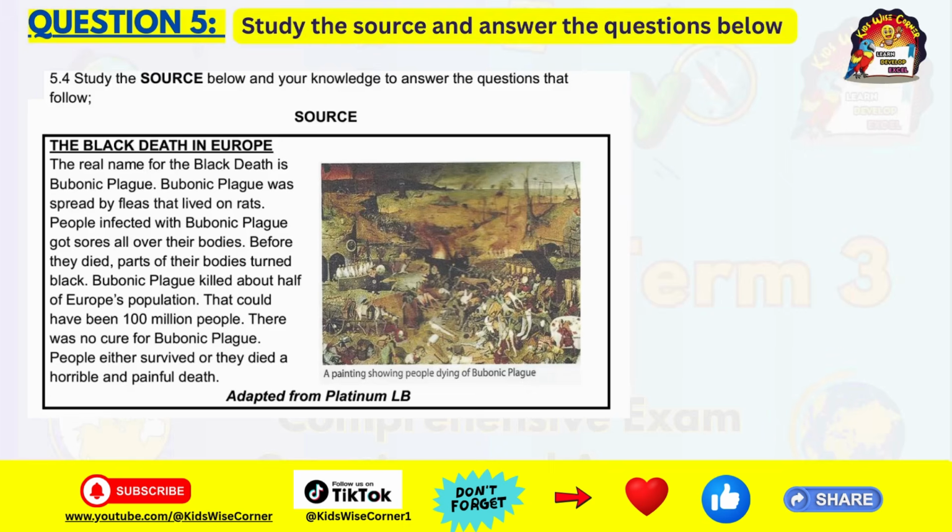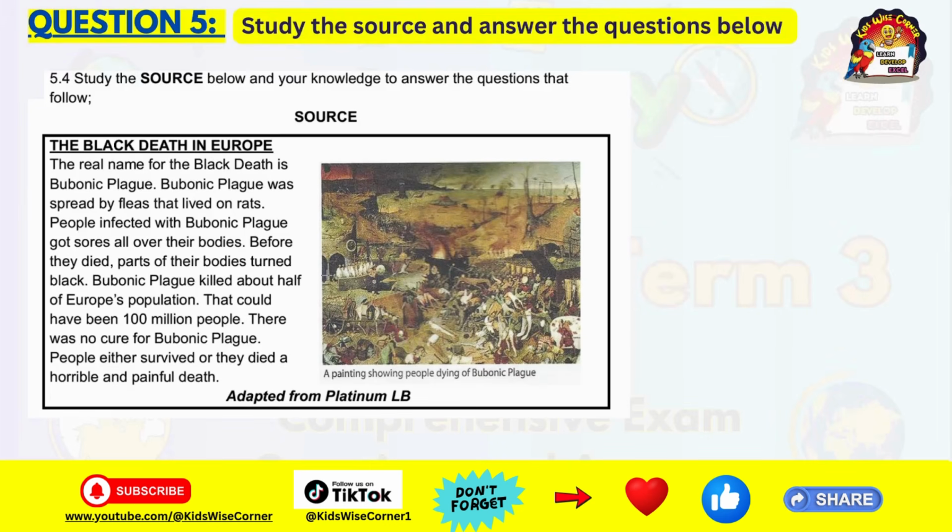Question 5. Study the source and answer the questions below. The Black Death in Europe. The real name for the Black Death is bubonic plague. Bubonic plague was spread by fleas that lived on rats. People infected with bubonic plague got sores all over their bodies. Before they died, parts of their body turned black.